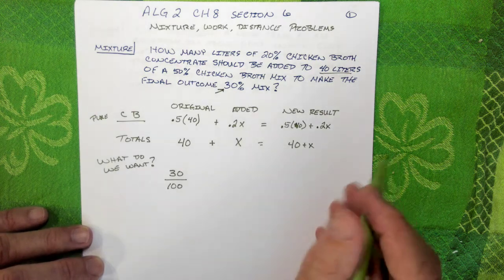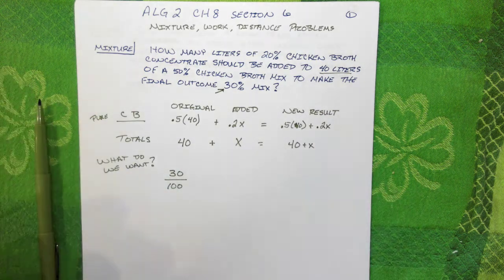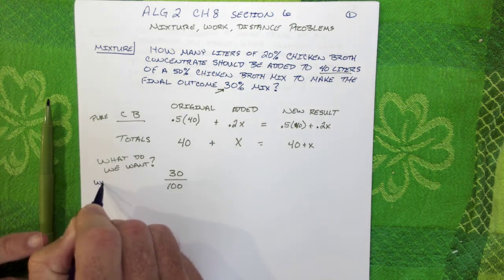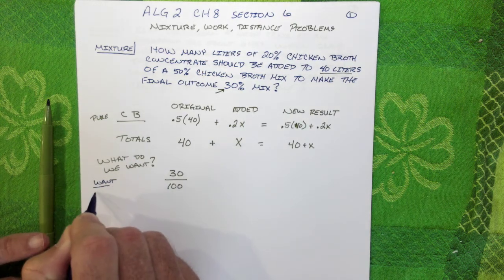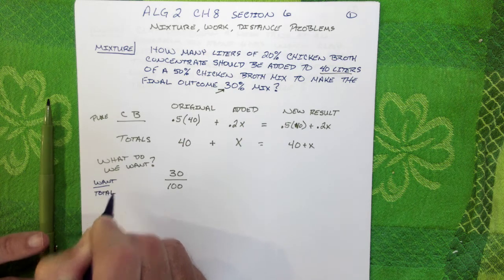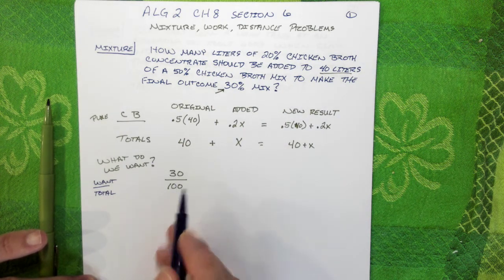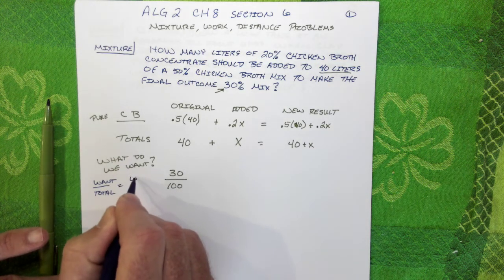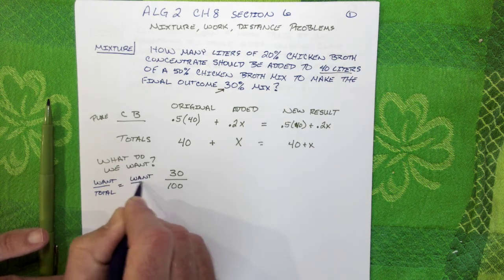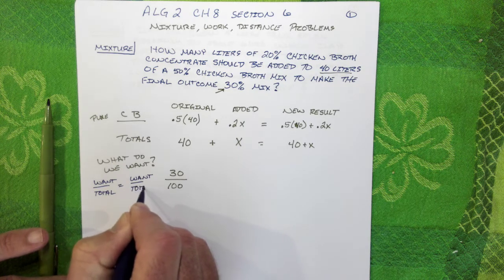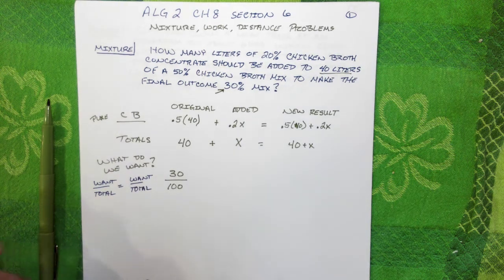So we're going to set up what we want. Let me put this over here. We want 30%, so we want 30 out of 100 equal to what we want over total.